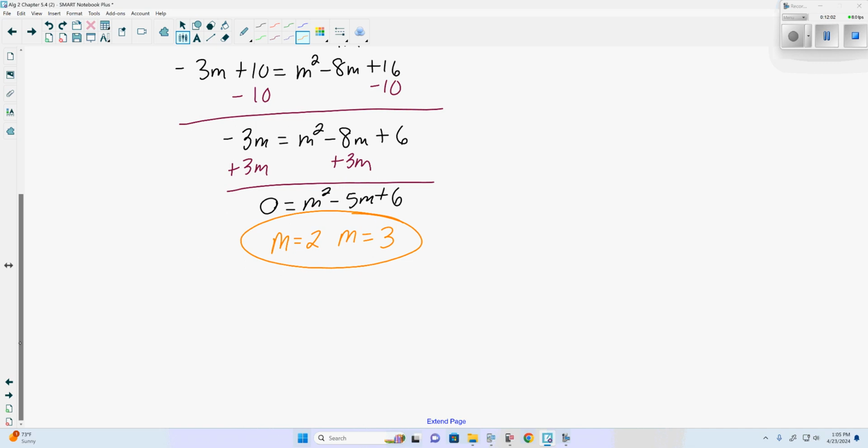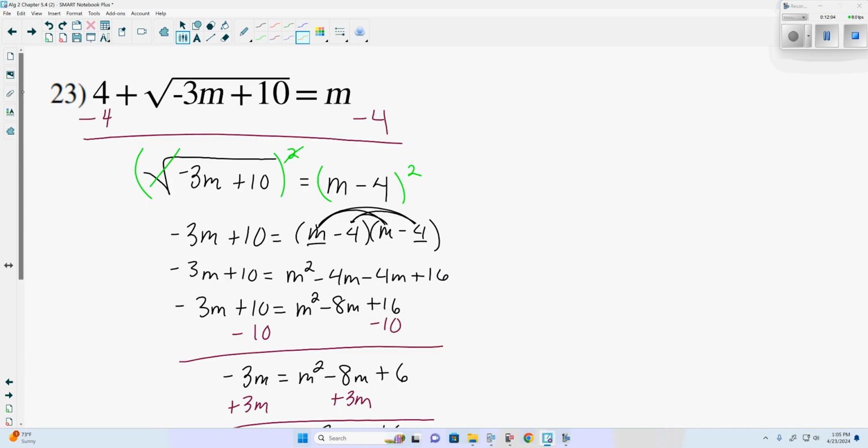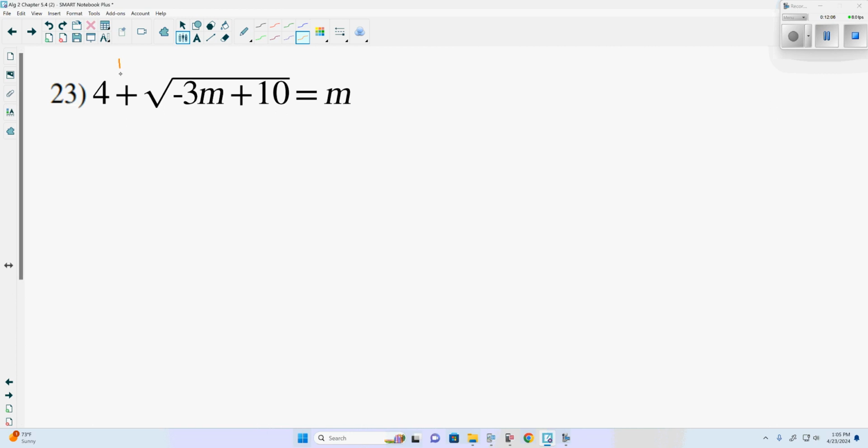All right, let's go back and check it. All right, guys, if you were to guess which one would probably not work, what would your guess be? 3. 4 plus square root of negative 3 times 3 plus 10 is equal to 3.